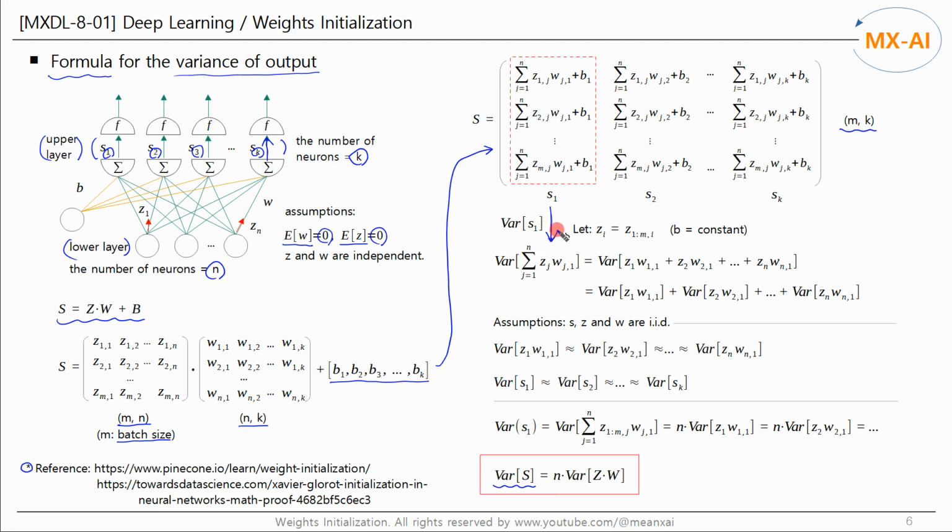The variance of each column in this matrix S can be expressed as follows. This term is for the case where j is 1, this term is for the case where j is 2, and this term is for the case where j is N. The bias is a constant, where Zi refers to the entire row from 1 to M. And we assume that S, Z, and W are all independent and identically distributed random variables.